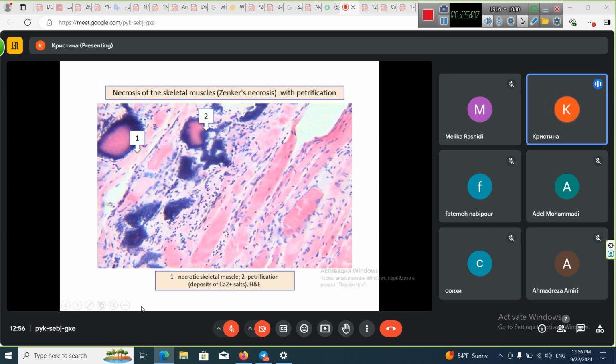So most of this section of the muscle fiber contains no nuclei. It means that it is dead. And number two shows us the area of petrification, the deposition of calcium salts around the dead muscle fiber. They are blue in color.